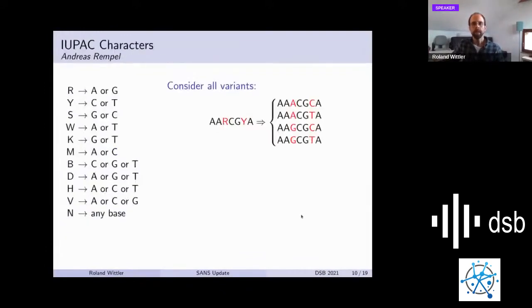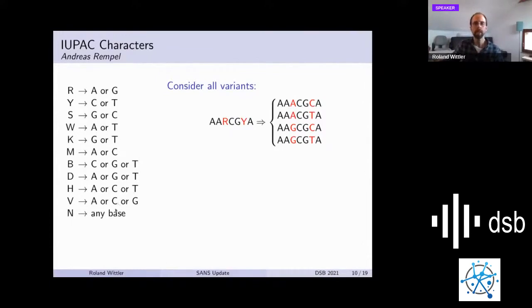One extension that we played with is IUPAC characters. So sometimes the sequences contain Ns or other ambiguous IUPAC characters, which is a bit annoying. And the default usually is, whenever you have a Kmer that overlaps such an IUPAC character, you would just ignore it, or you skip that Kmer.